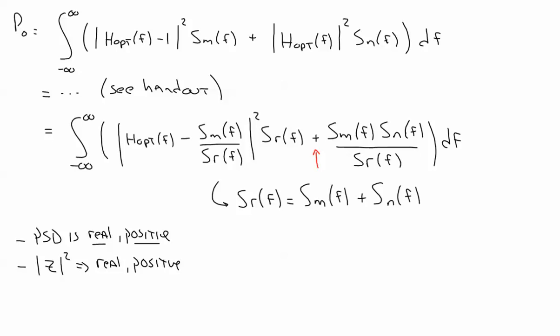For that reason, it is impossible to reduce the output noise power to 0. All right, what that's saying is that even through the process of optimum filtering, excuse me, I cannot eliminate noise.